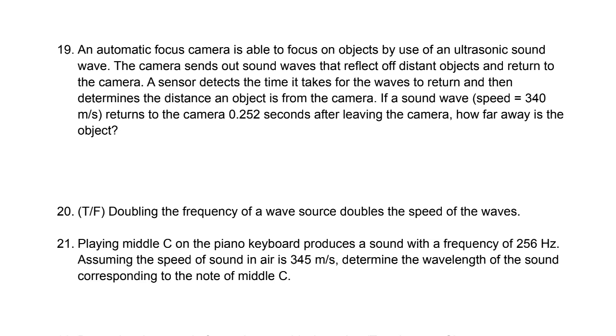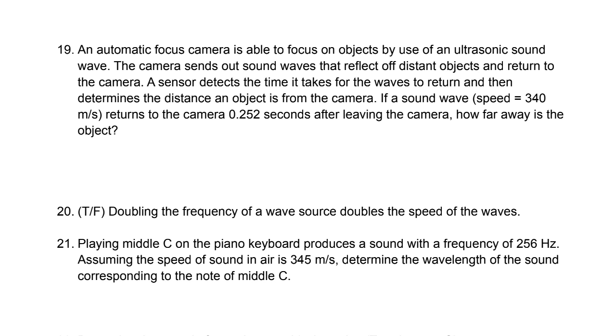All right, number 19. Automatic focus camera is able to focus on objects by using an ultrasonic wave. So it sends out a wave to reflect off the image, and then the sensor detects how long it takes to return. Speed of sound is going to be 340 meters per second, wherever we are. It does change with temperature, but where we are, it's 340.